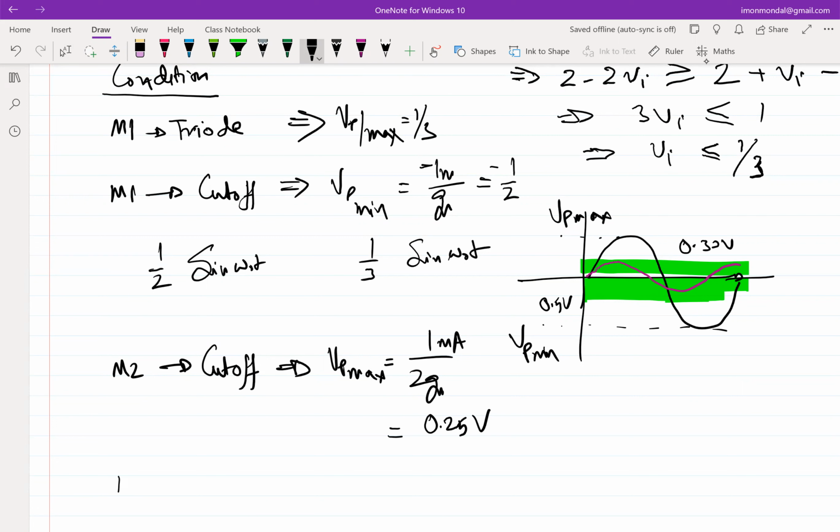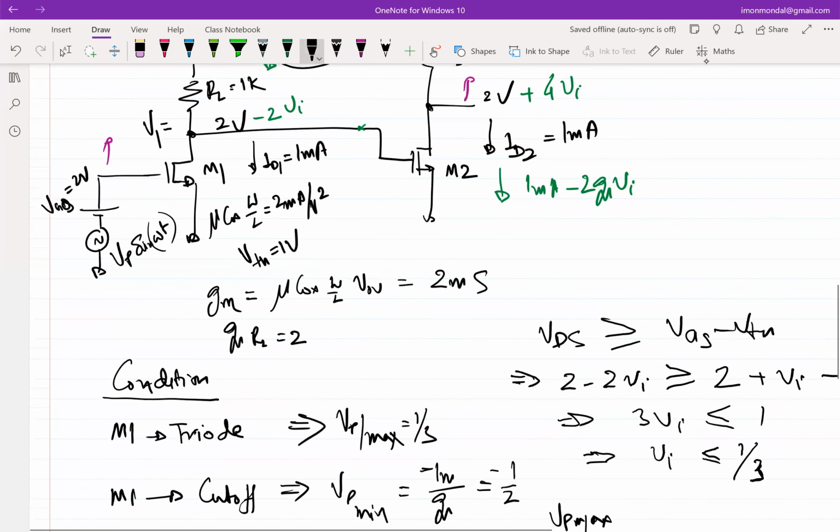What about M2 triode? What will the condition of M2 triode be?